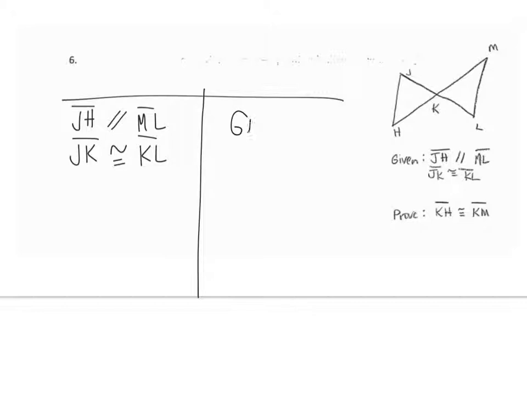Okay, I'm writing the given for this last one. So if I know that JH is parallel, this is a transversal between two parallel lines, and this is a transversal between two parallel lines. So I can say that angle J is congruent to angle L by the alternate interior angles theorem, which says that if you have two parallel lines cut by a transversal, the alternate interior angles are congruent.